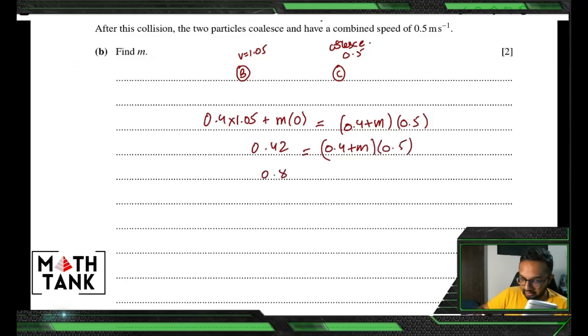So that's 0.84 equals 0.4 plus m. M is therefore 0.44. Check if that's the correct answer again. Question 6. Yeah, that's the correct answer.